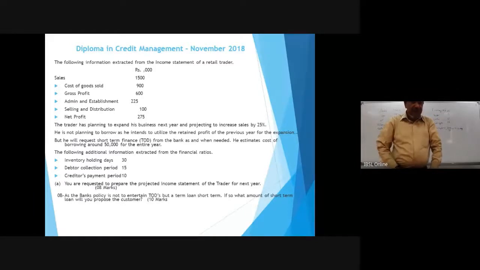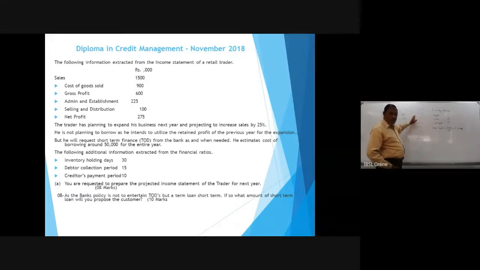Anyway, I'll just give you an idea to understand what it is. Now, the figures are annual figures, right? Therefore, annual figures means cumulative. The cost of goods sold is 1,125.